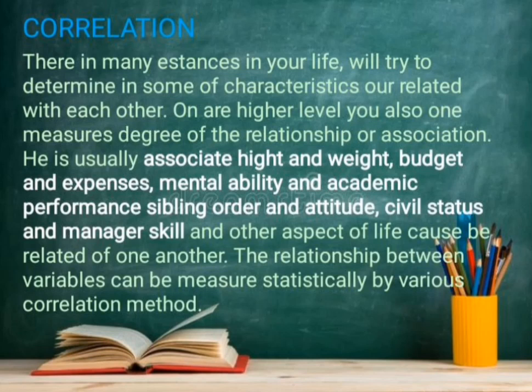These usually associate height and weight, budget and expenses, mental ability and academic performance, sibling order and attitude, civil status and managerial skill, and other aspects of life that could be related to one another. The relationship between variables can be measured statistically by various correlation methods.